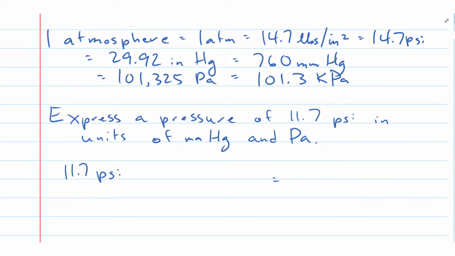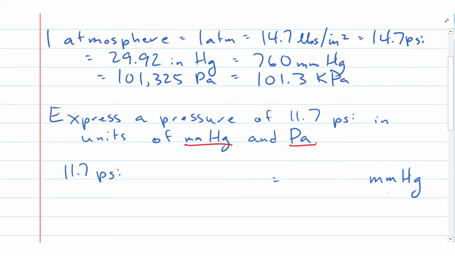Well, we're looking for two different things. So what's the first one we should do? Do we know any of the two things we're looking for? Millimeters of mercury. And pascals. PA stands for pascals. So for millimeters of mercury, let's set this one up. We're going to look for millimeters of mercury.